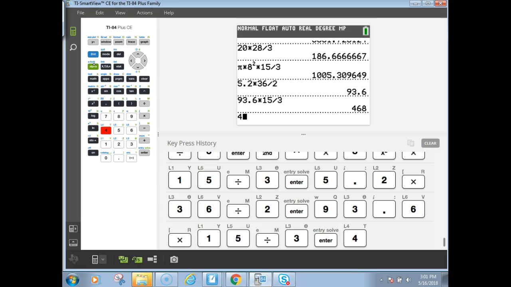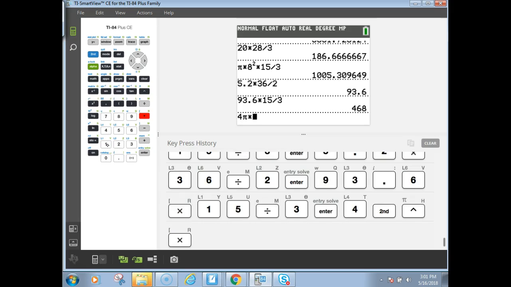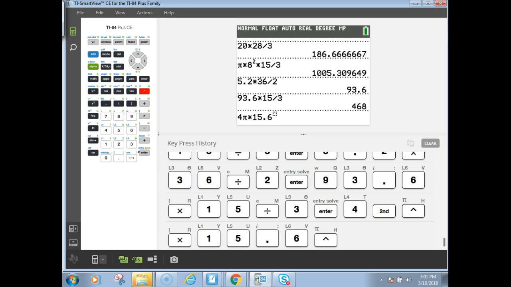So when you do 4 pi times, does everybody know how to put in 15.6 to the third? Anybody forgotten how to put that in? If you didn't practice it in class, you might not remember. You use this arrow up. You put in the 3. Now, what do I have to do before I hit divided by 3?